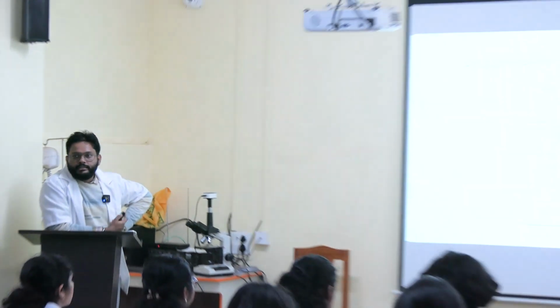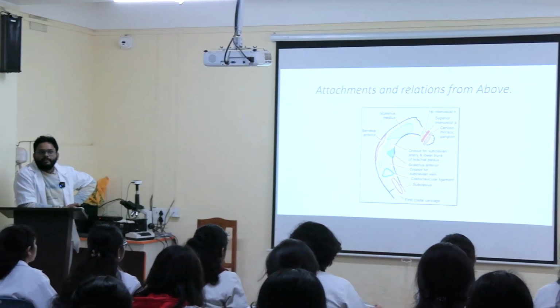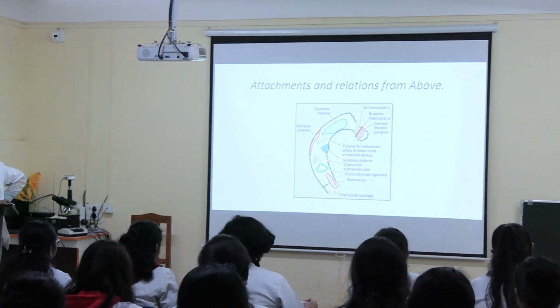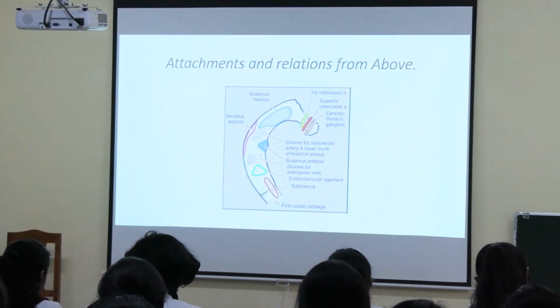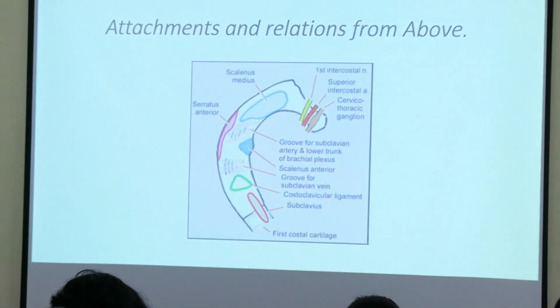That is the scalene tubercle. Which muscle is related to this area? Scalenus anterior. Scalene tubercle, related muscle is scalenus anterior.